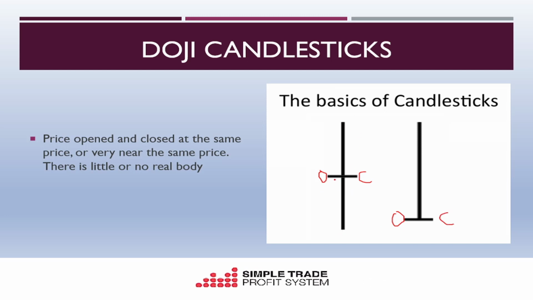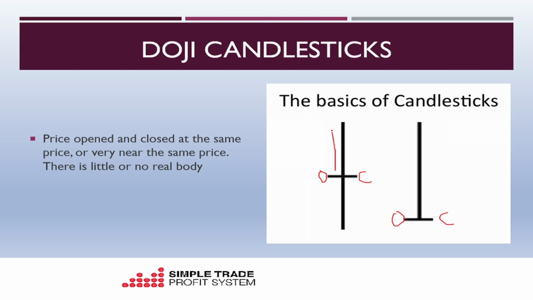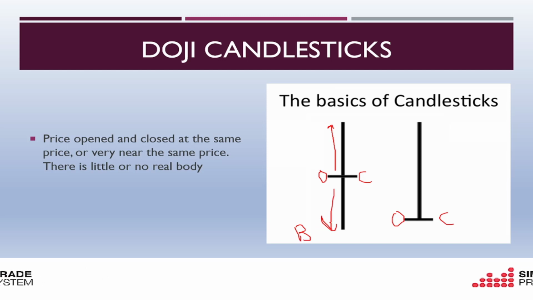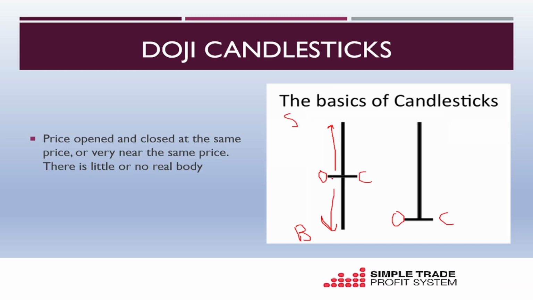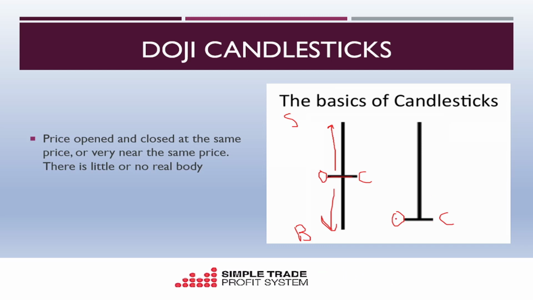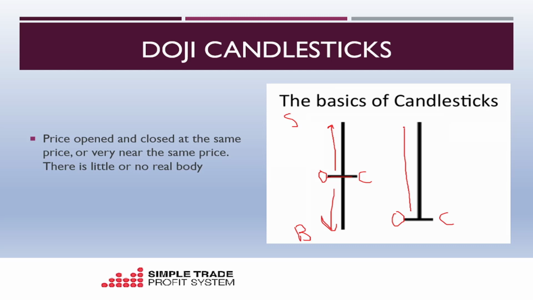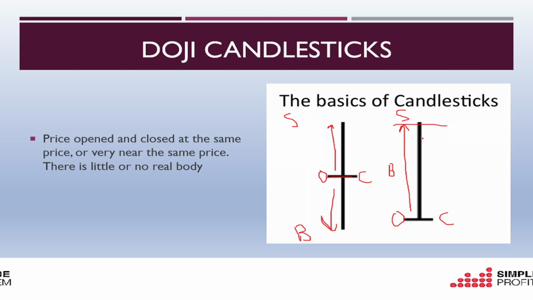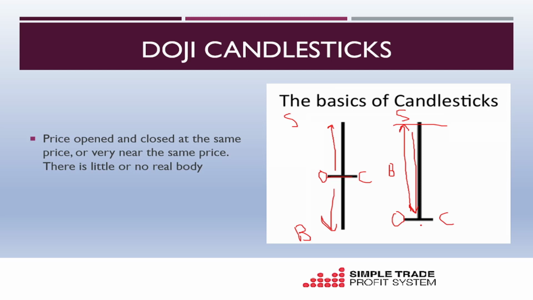But look at the wick. We opened here, it traveled up, it traveled down, but the buyers down here pushed it back up and the sellers up here pushed it back down, and it closed at the exact same spot. This one, for example, opened here, buyers pushed it all the way up, sellers came in up here at this high and drove it right back down, and it closed at the exact same price.